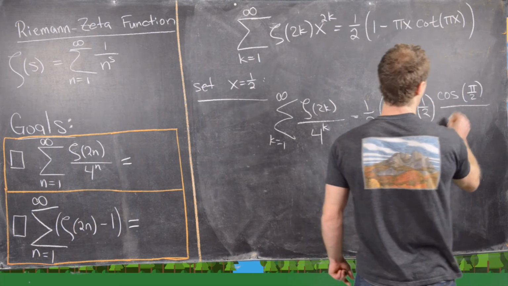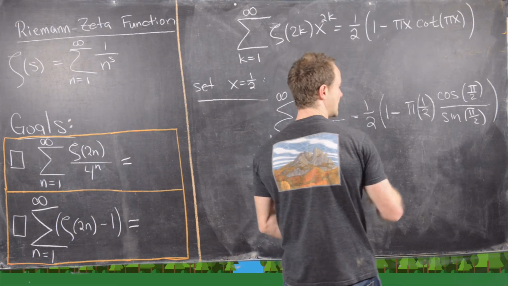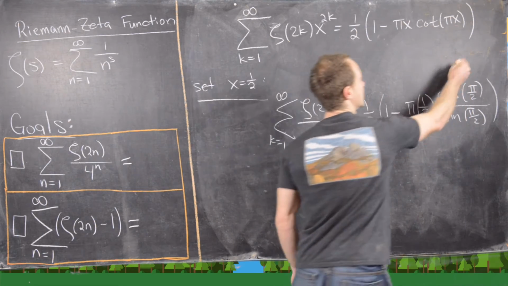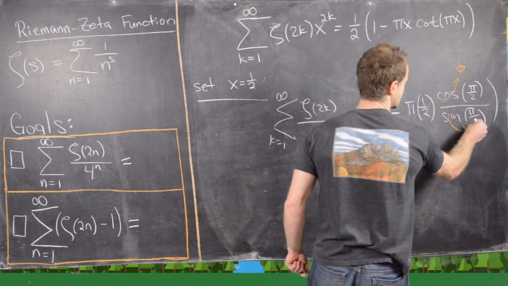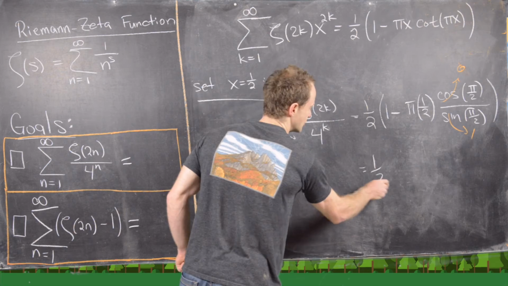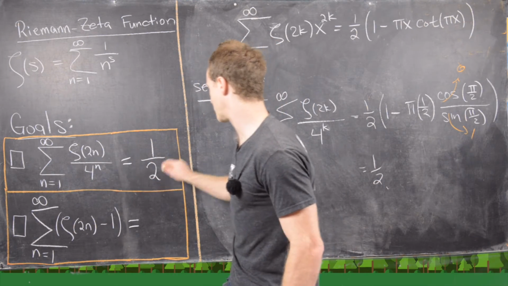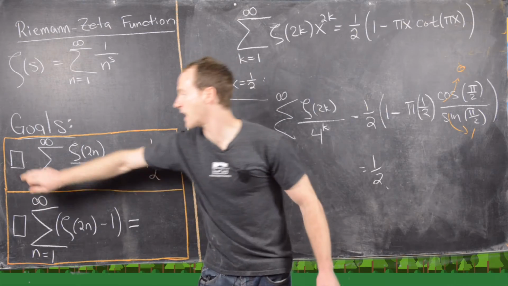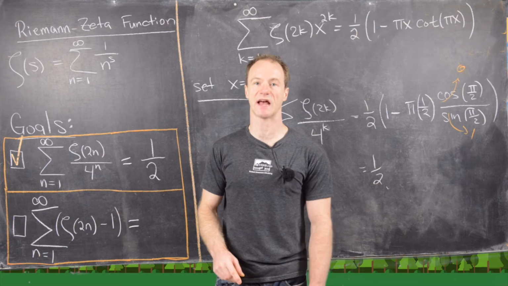So we have cosine pi over 2 over sine pi over 2. Now, we know that cosine of pi over 2 is equal to 0, and sine pi over 2 is equal to 1. So that makes this whole thing equal to 1/2. So that means for this first goal right here, we can just put the number 1/2, and that completes this formula. So now let's go ahead and focus on this second formula.